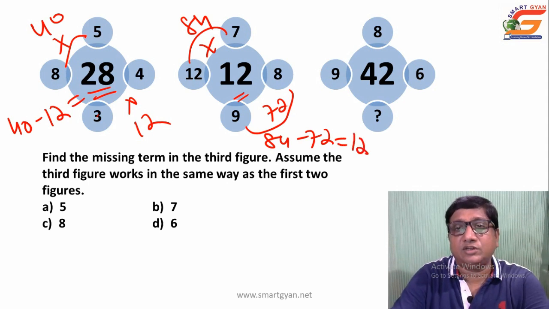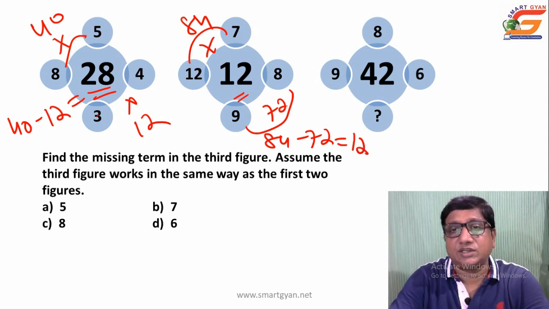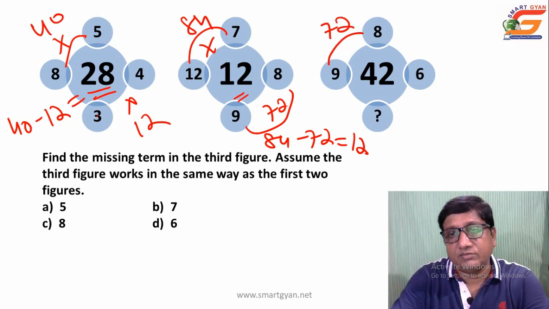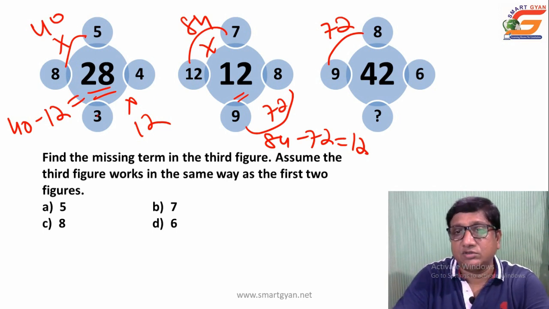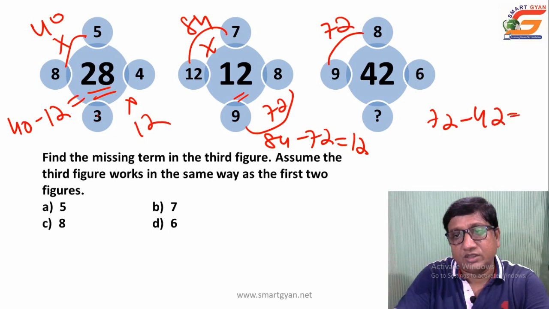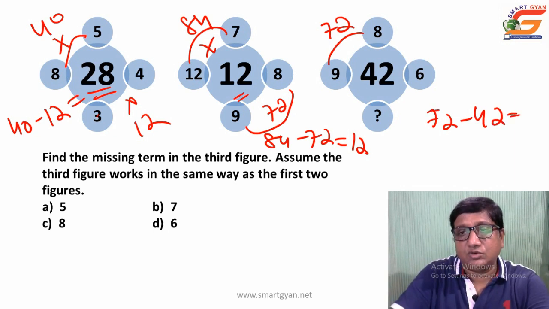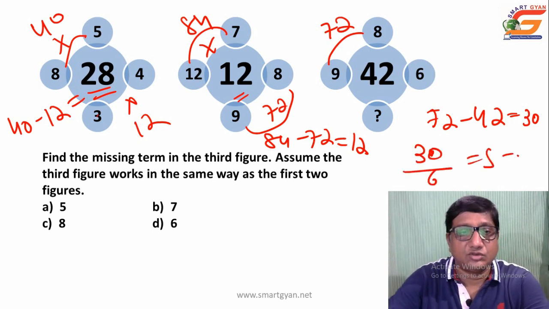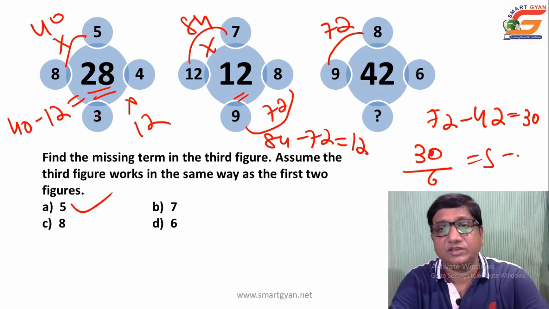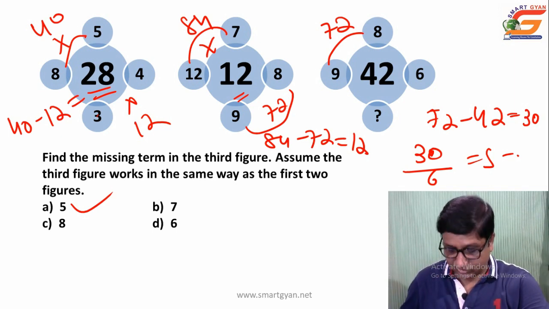Then coming to the third one, that is 9 into 8, that is 72, then minus the product of these two, which is 42. So your answer will be 72 minus 42, that is equal to 30. So 30 divided by 6 is equal to 5. So your answer is A. Yes, answer A, choice A, 5.